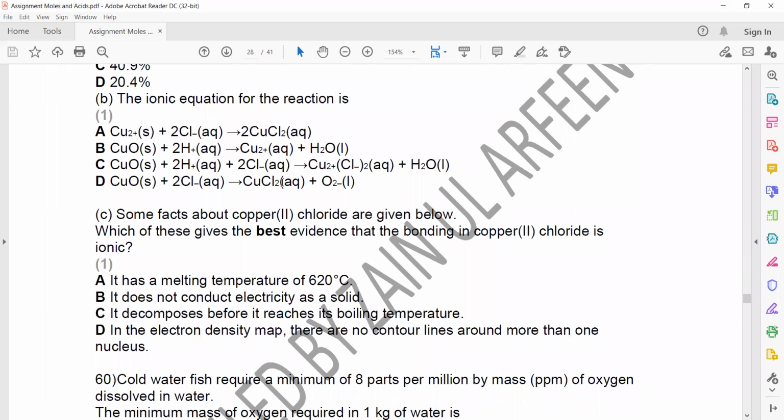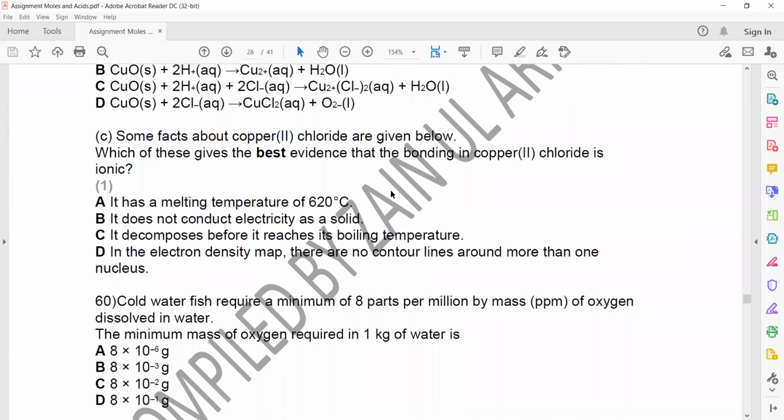Which of these is the best evidence that bonding in copper chloride is ionic? This part actually is related to bonding and structure. There we will discuss. This part C is not directly related to moles. It is related to the topic bonding and structure. So in bonding and structure, we will discuss it again.